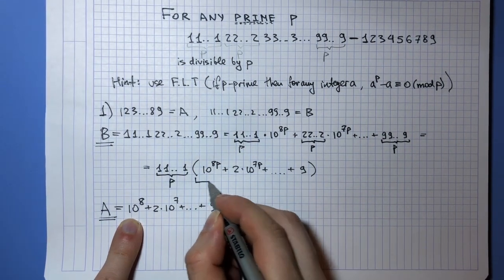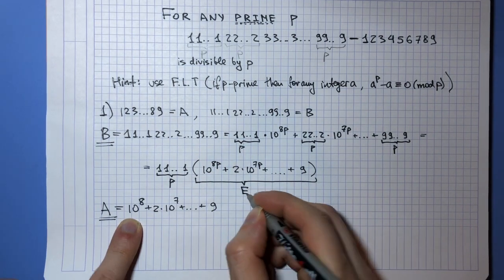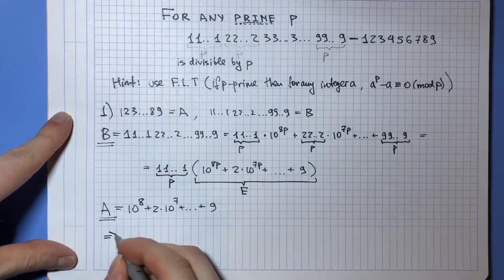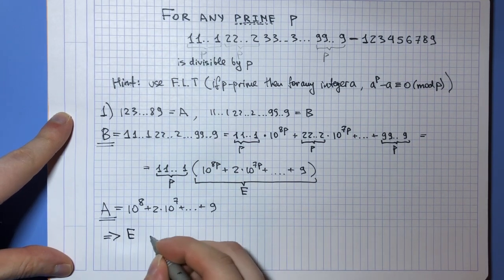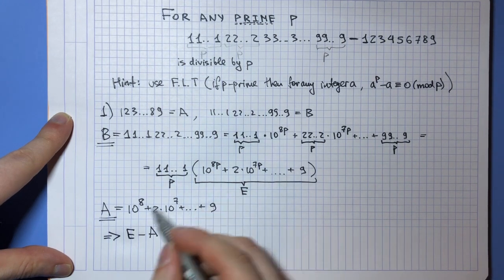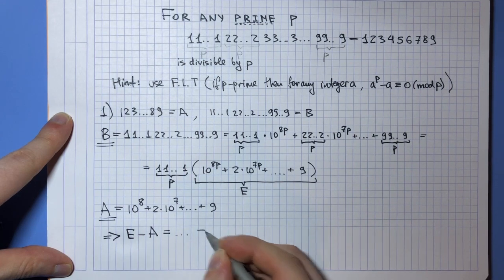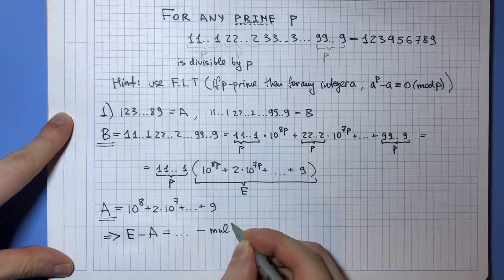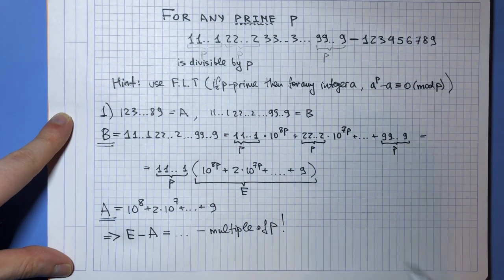So if I now label this number as E, I will get that E minus A is equal to, well, write it down yourself. So it is a multiple of p.